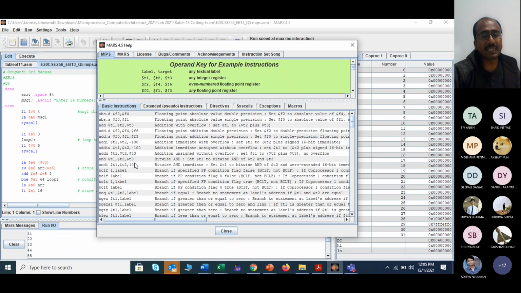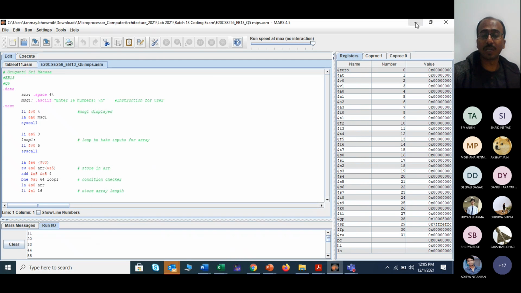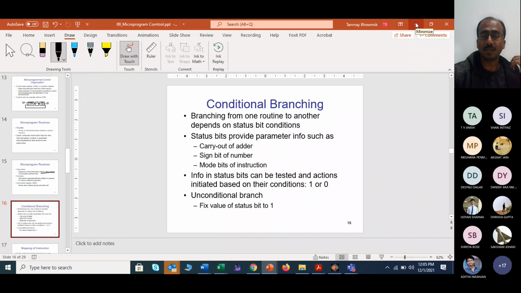Or previously also you have seen this, right, that in the instruction, if a particular operand exists, then it may be the address location of some other memory location, or it may be an operand. So how will we decide whether it is an operand or a memory address?